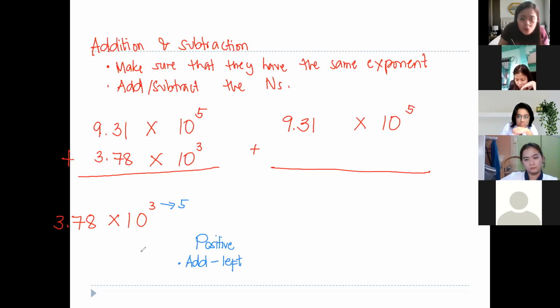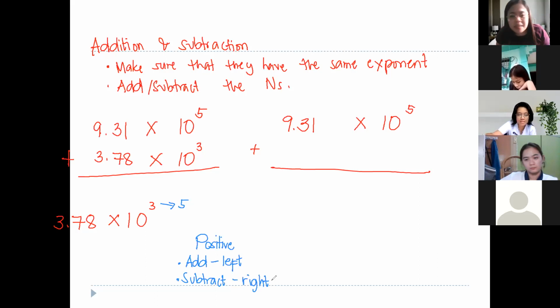But if we want to subtract from the exponent, for example, instead of 3 we make it 1, we are subtracting, so our movement is going to the right. This is always our rule. Got it? Again, when we add, our movement is going to the left, but when we subtract, going to the right.